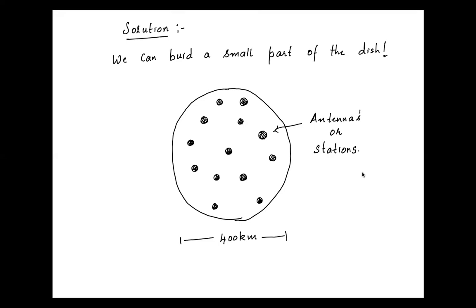So we build smaller detectors or antennas or stations, in the case of LOFAR, that are spread over 400 or let's say hundreds of kilometers, but they don't cover the entire area. As long as we have detectors spaced by this large amount, we will be able to get the benefit of the angular resolution which you get by having detectors spaced so far apart. But of course, we will give up something in return.